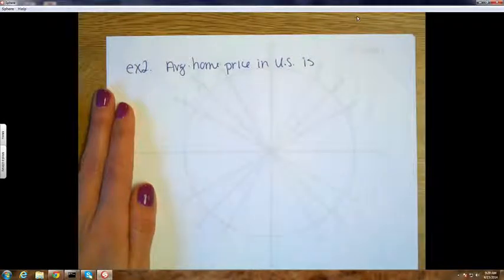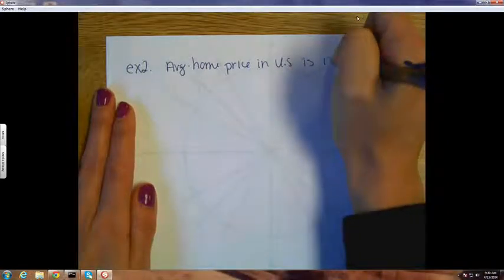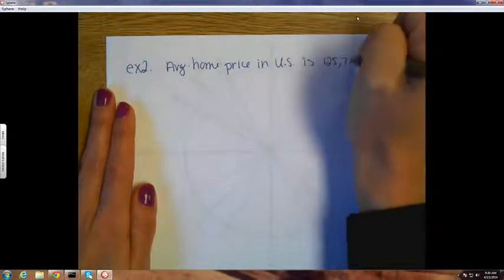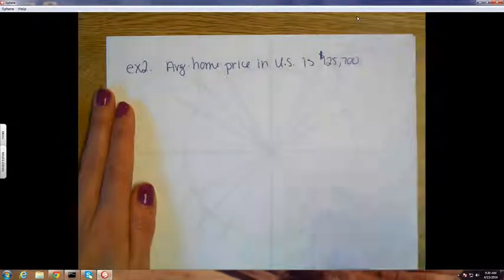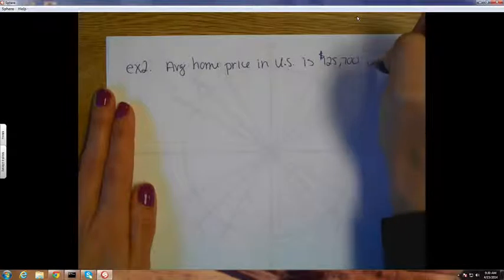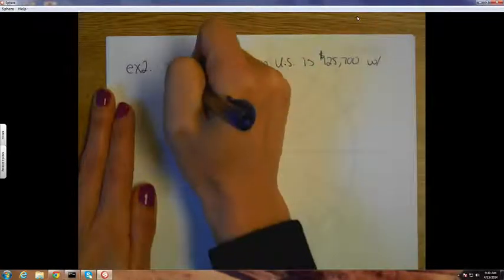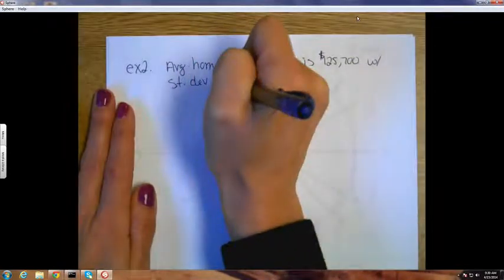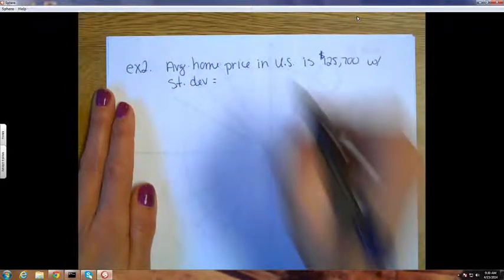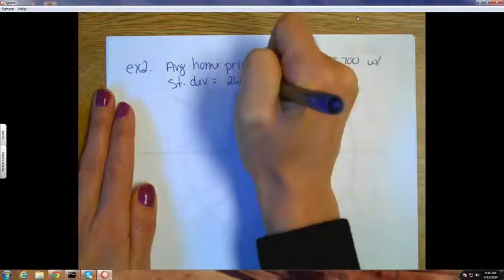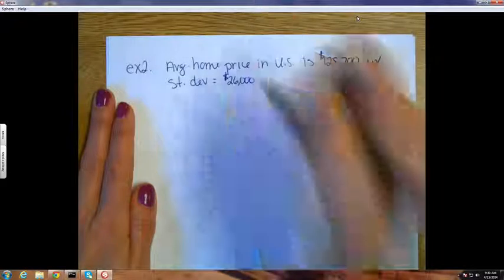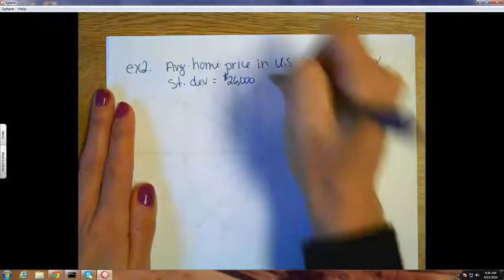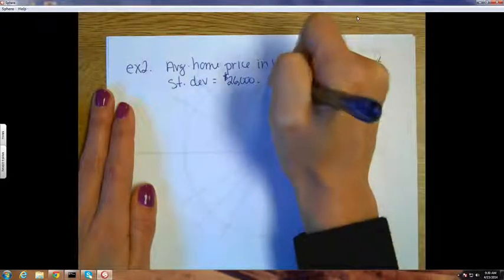Is $125,700. With standard deviation $26,000. Home prices are normally distributed.